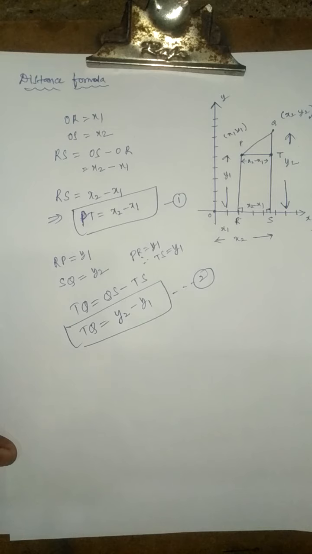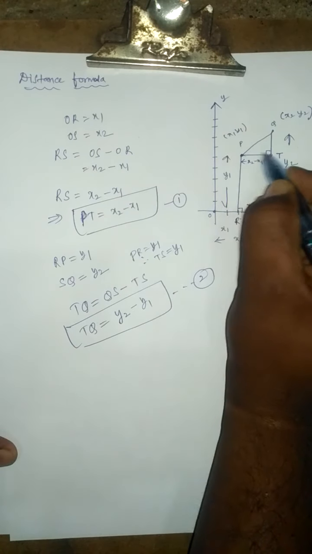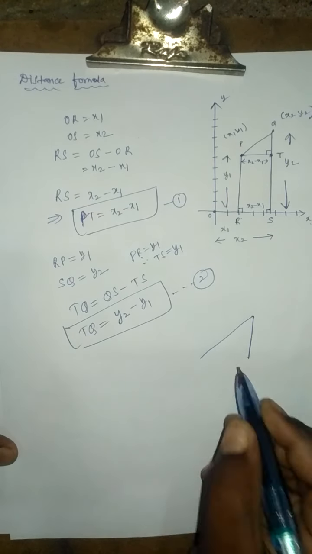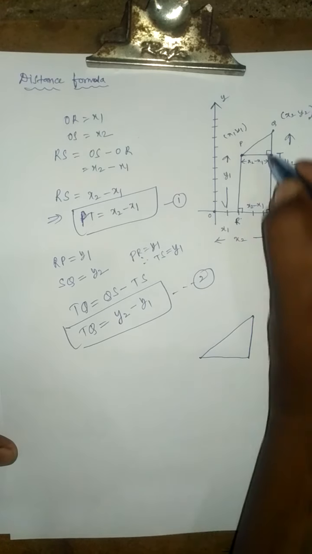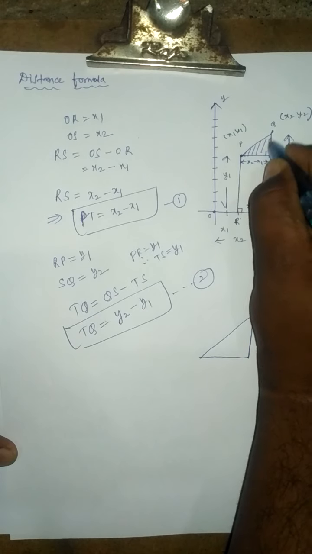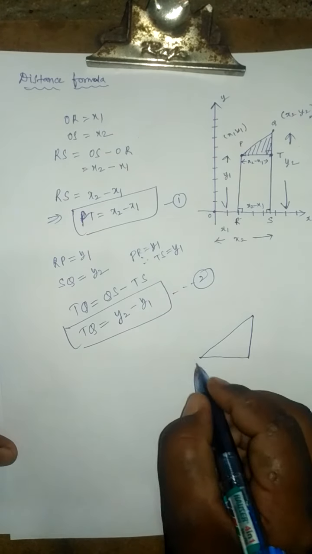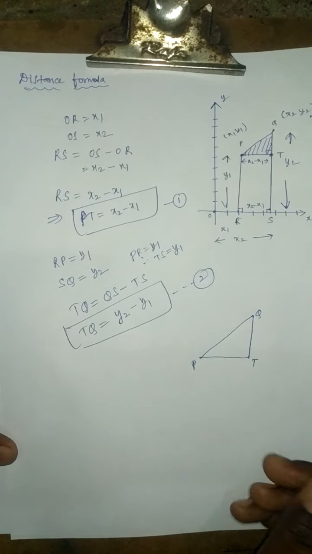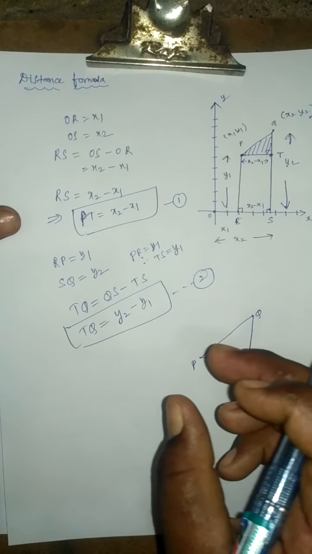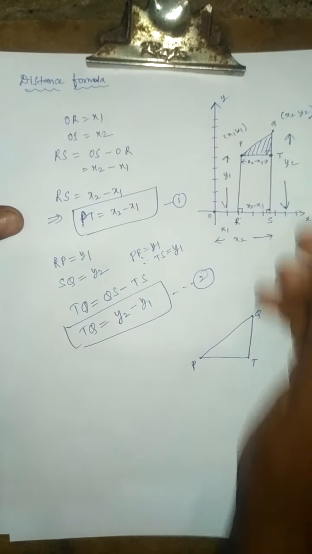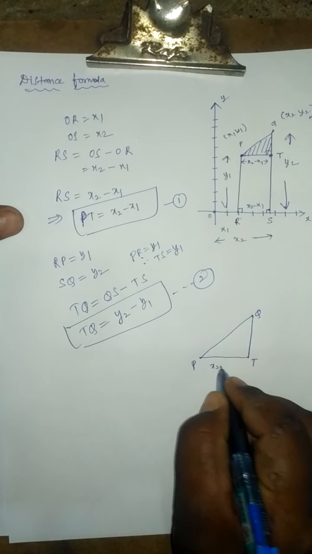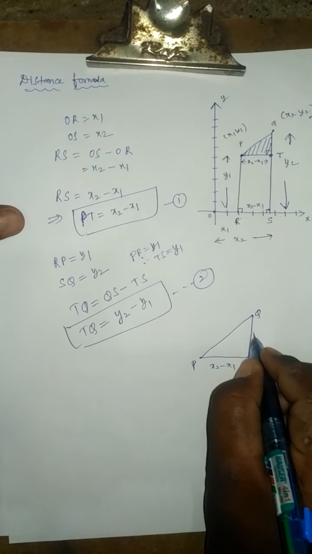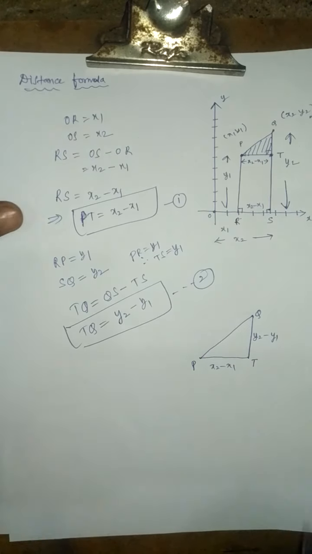Now by considering the right angle triangle PQT, here I am going to draw separately for that. Whatever the shaded region is there, that shaded region I am going to take separately here. This is P, this is Q and this is T. So already we found the distance from P to T, that is x2 minus x1, and the distance from T to Q, that is y2 minus y1.